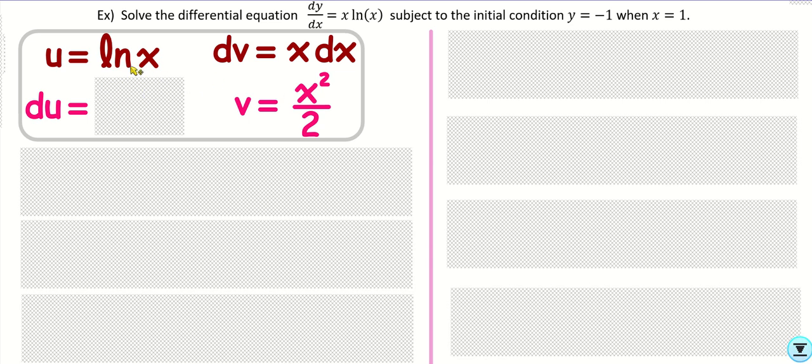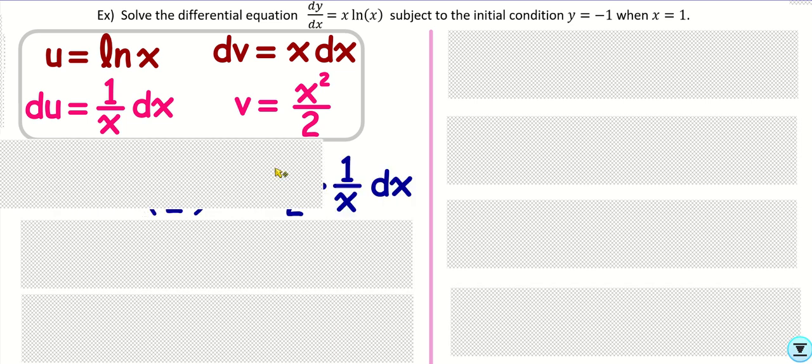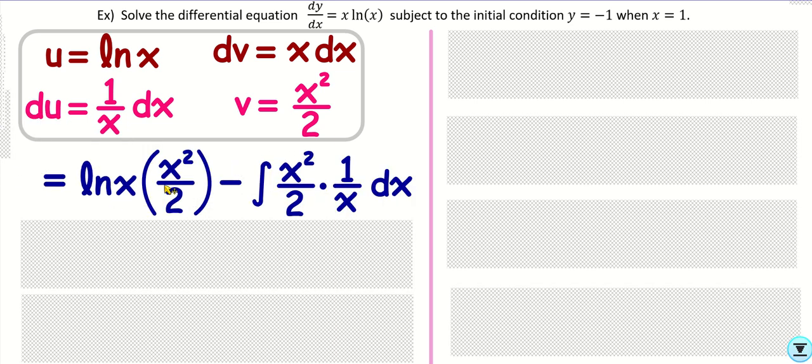Because what's the derivative of the natural log of x? 1 over x. So it's going to work out great, trust me. So when we do uv minus the integral of v du, because this derivative ended up being 1 over x, look at this. Isn't this going to work out beautifully over here?